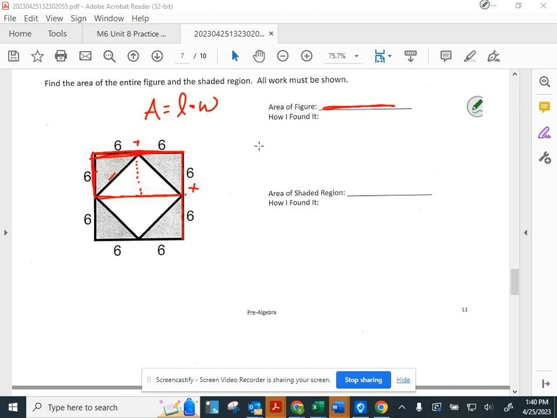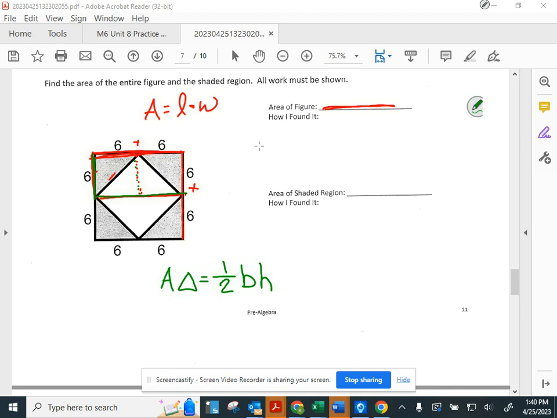So we have our base is that 6 plus 6, and our height is that 6 right there. So the area of a triangle, remember, is 1/2 of that base times the height.